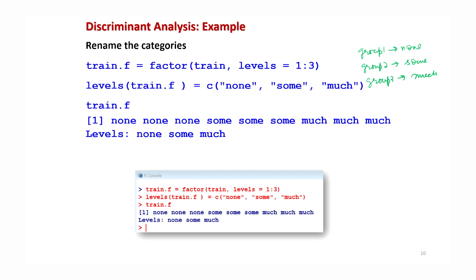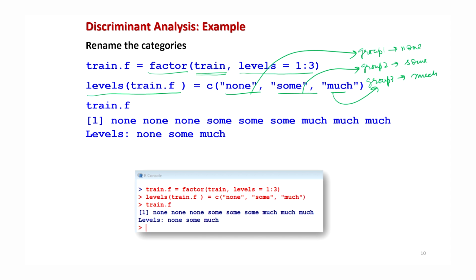So I use the command factor on the data train, assign the labels 1, 2, 3 which have been used in the data, and change the labels to none, some and much. None comes from group 1, some from group 2, and much from group 3. If you want, you can use any other names.